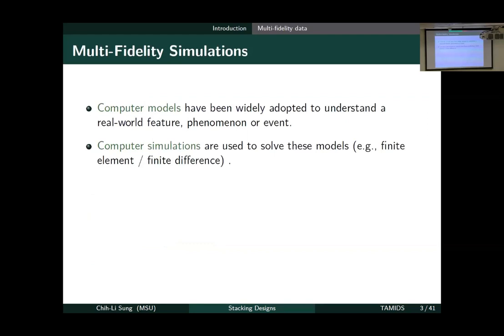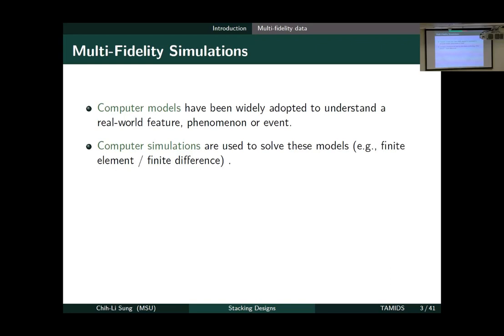All right, so what is multi-fidelity simulation? Computer models have been commonly used to understand real-world features, phenomena, and events. As we know, physical experiments could be very, very expensive to implement, so computer models have been commonly used to understand those invisible phenomena, especially nowadays, when computer resources are quite powerful.